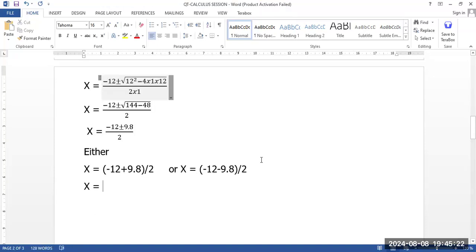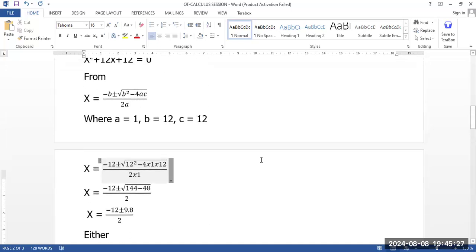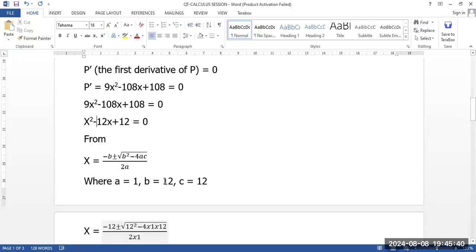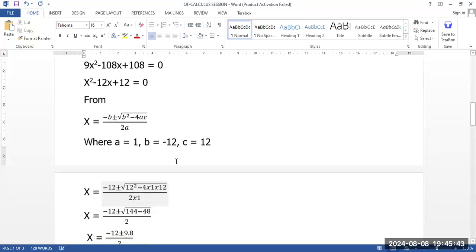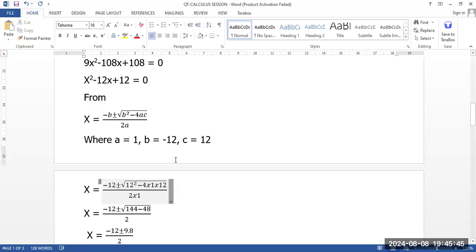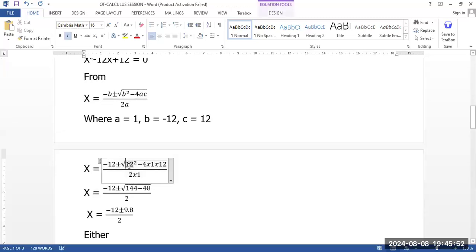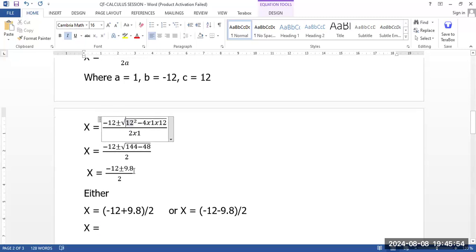B is equal to negative 12. Yes, it is negative 12. Sorry about that. Here we have negative. The other things will remain the same.